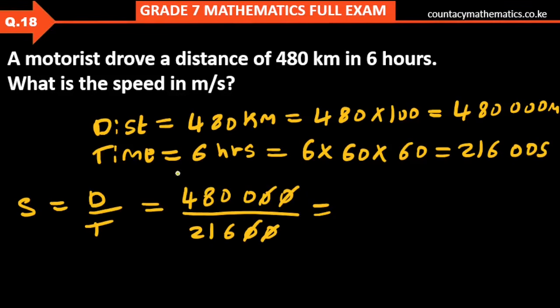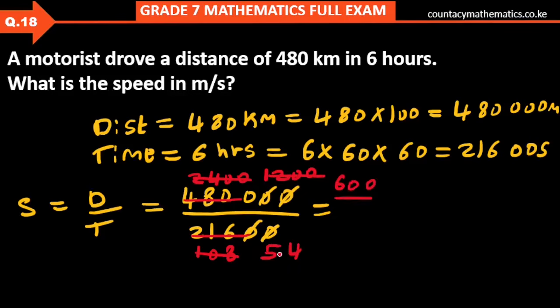Let's divide by 2 here. 216 divided by 2 gives you 108, and you get 2400. Can we divide by 2 again? Yes, we get 1200 and 54. Divide by 2 again, we get 600 and 27.